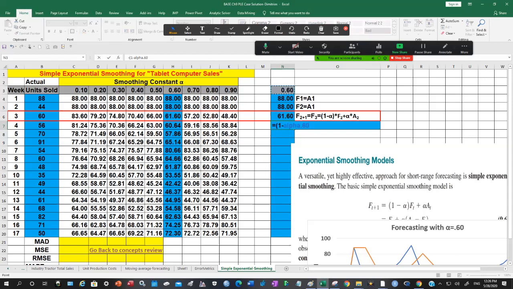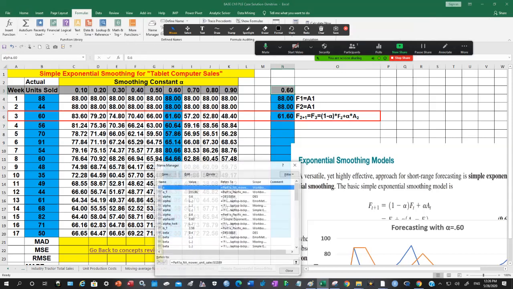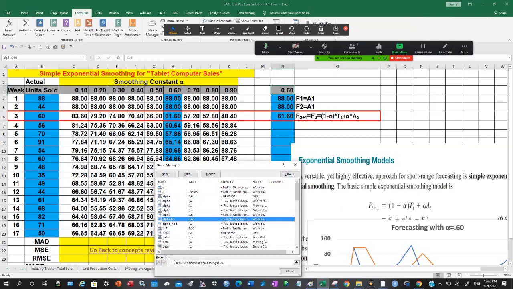And by the way, when I created the name variable alpha 0.60, so you click there, you call it alpha 0.60, that actually is the same as, so this is N3. So if I go to name variables, formula name variables, I should see alpha 0.6 right here, all right?